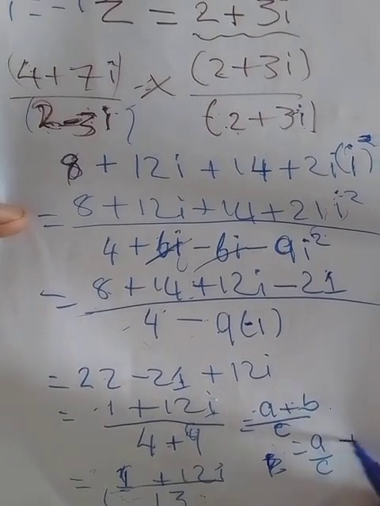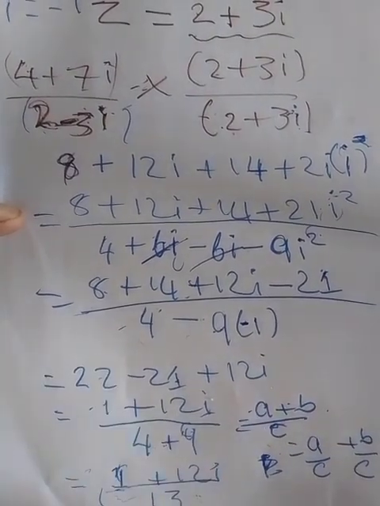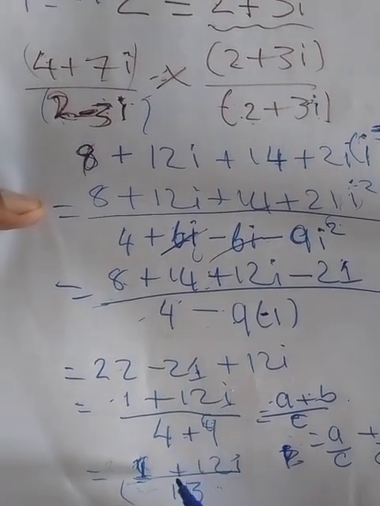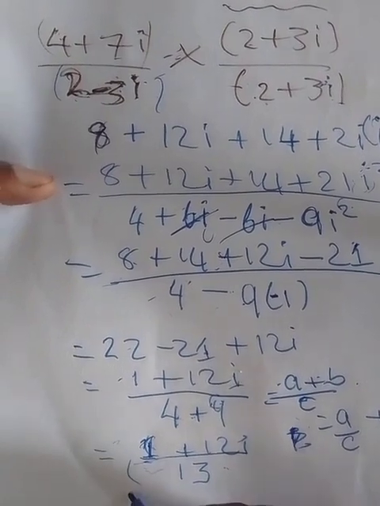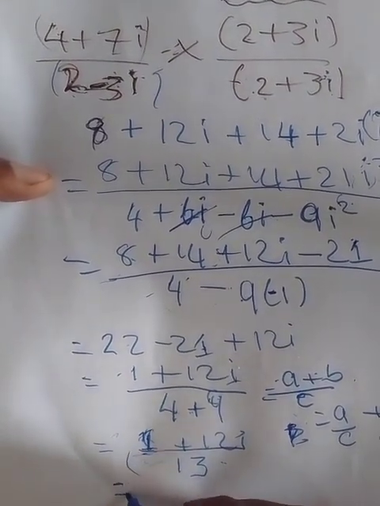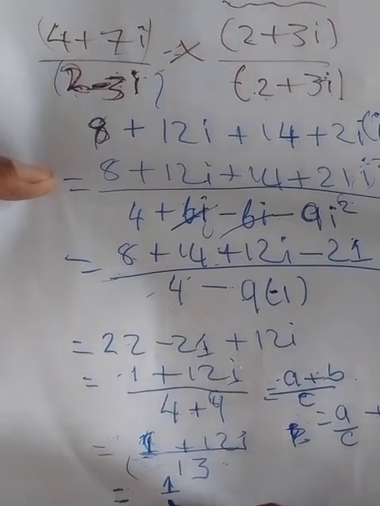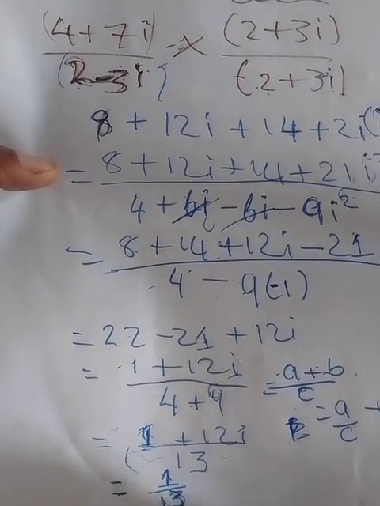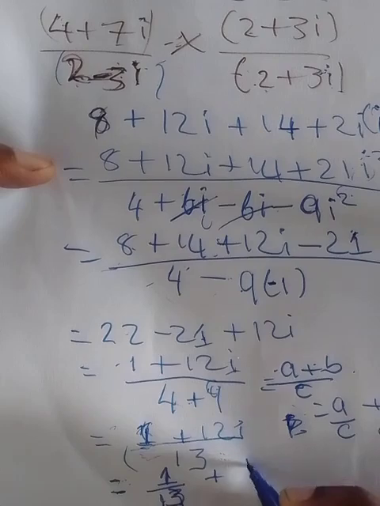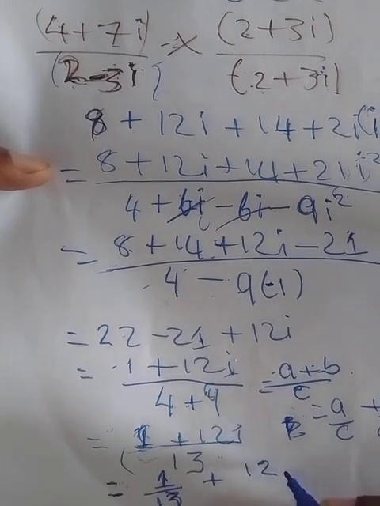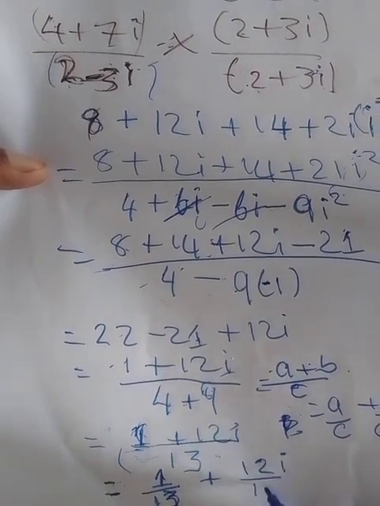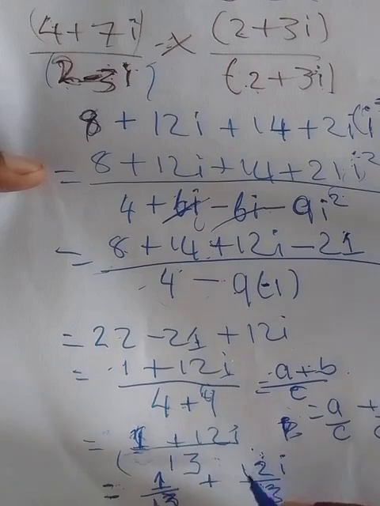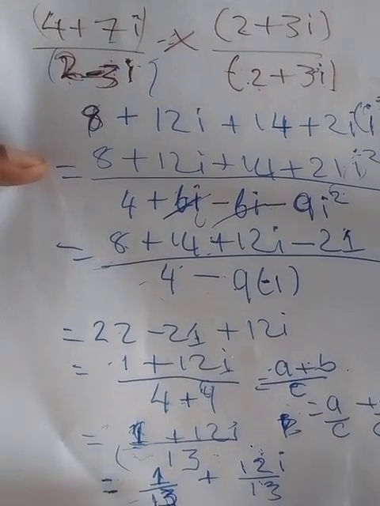So you can break this down as 1 over 13 plus 12i over 13. And here, if this can enter into this, or maybe they have a common factor, you can simplify further. So this is the standard way of leaving your answer. This is how you solve this kind of question.